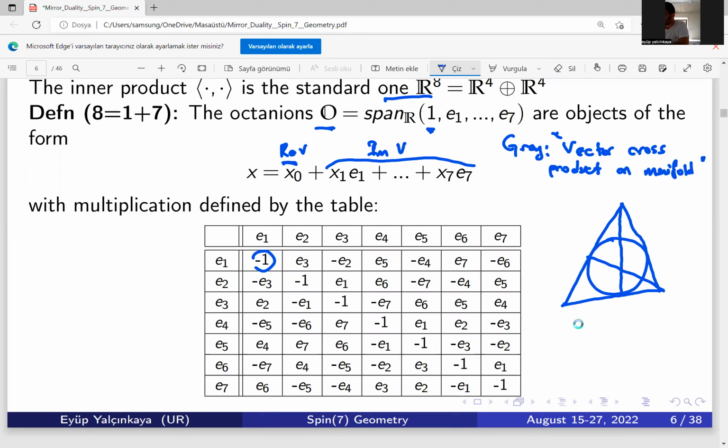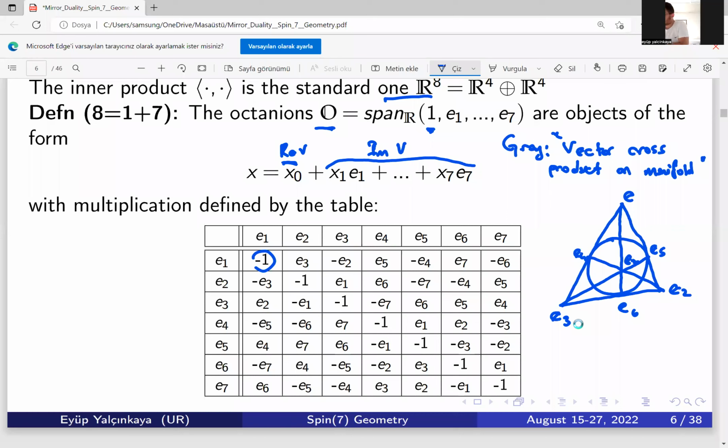Kind of this one: e1, e2, e3, okay, and e4, e5, e6, e7.